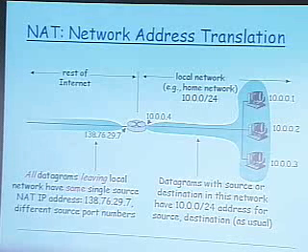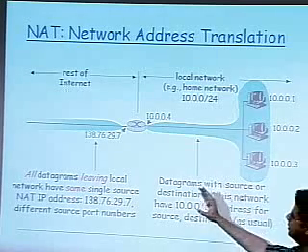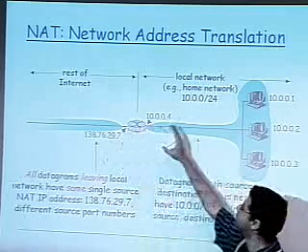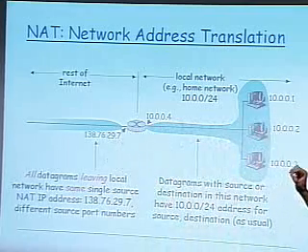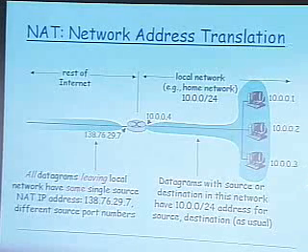So how do NATs work? NATs work through a NAT capable router. So there is a device which divides the public internet and this private network, and this device implements the NAT protocol.